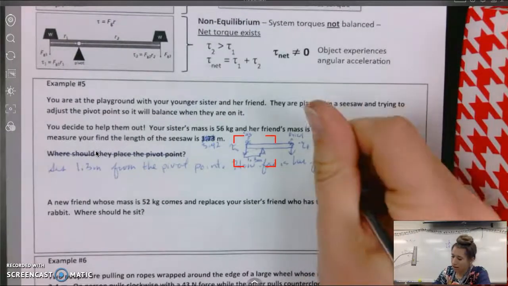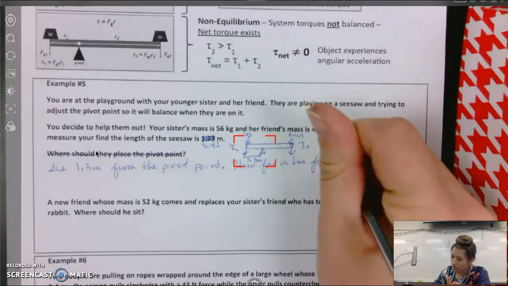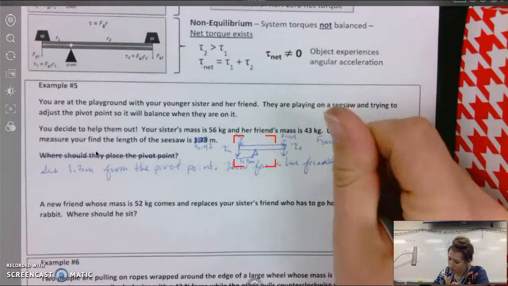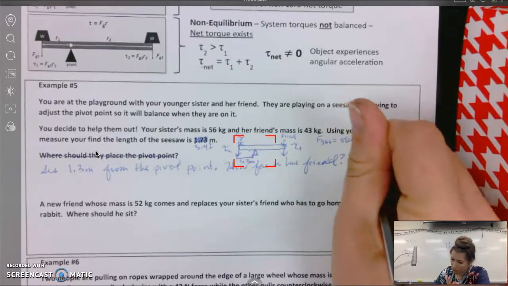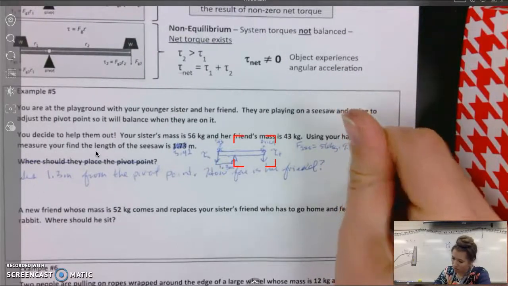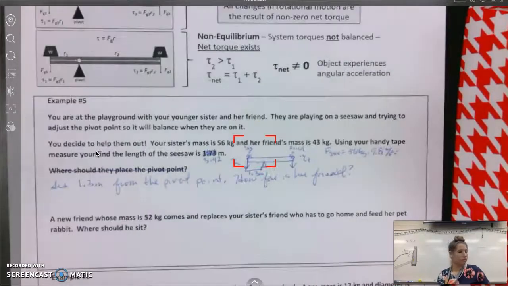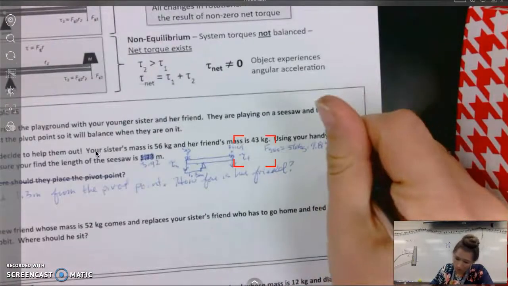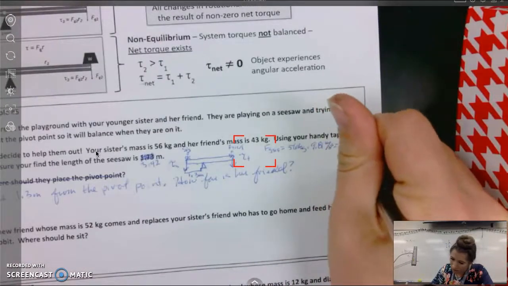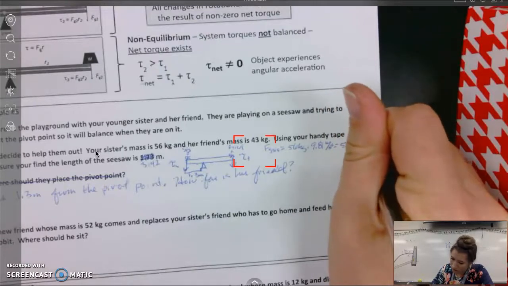We can look at the force due to gravity of the sister, because that's going to be the mass of the sister times 9.81. So 56 times 9.81. I'm going to leave long numbers until the very end. 549.36 newtons.